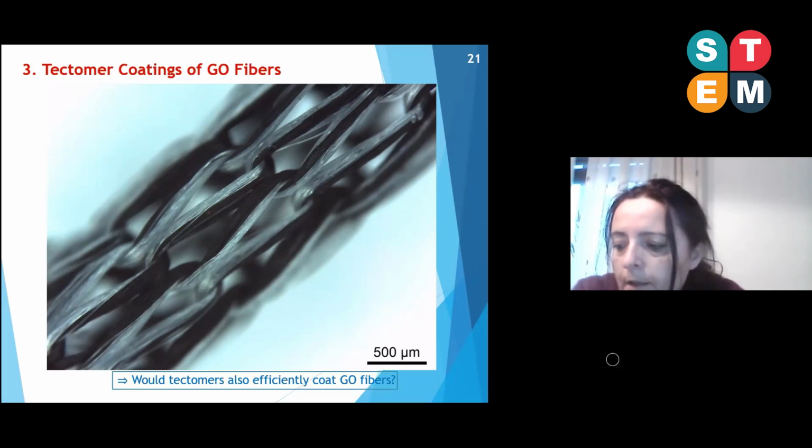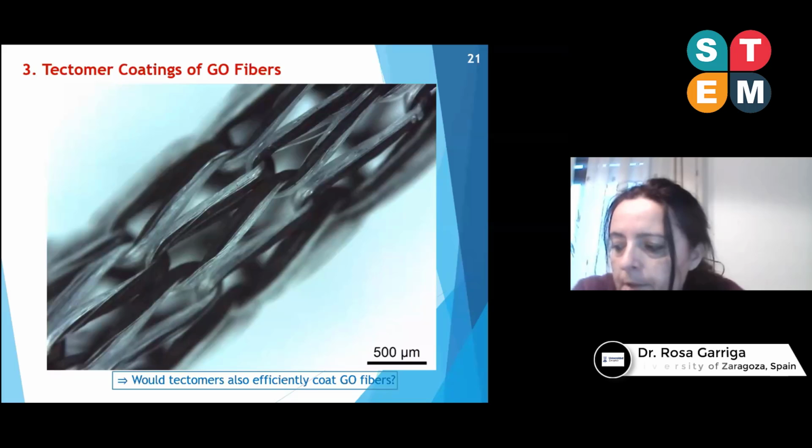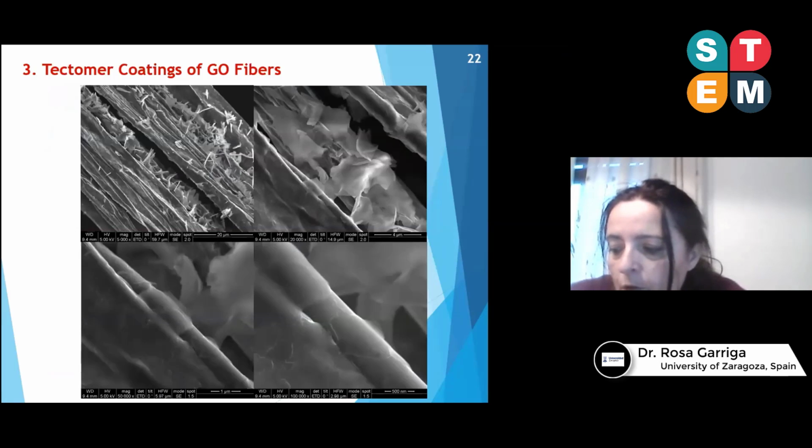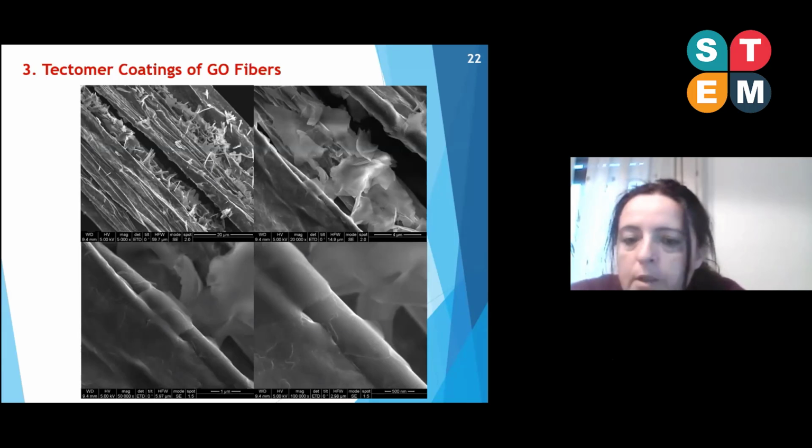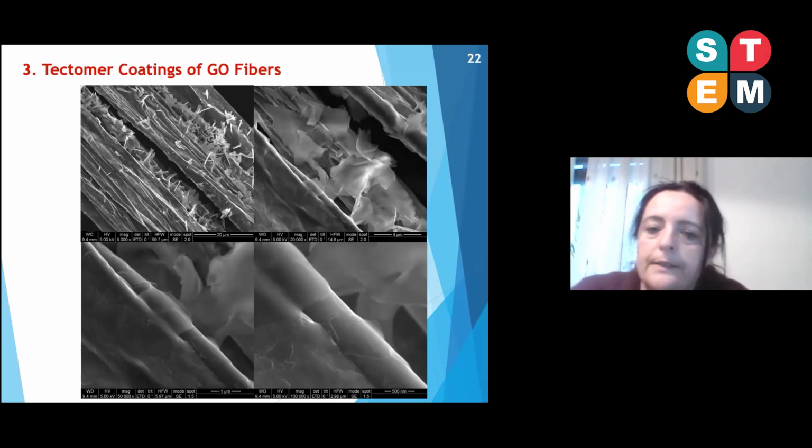Will Tectomers efficiently coat GO fibers? The answer is yes. By immersion in Tectomer solution, we obtained ultra-thin coatings of Tectomers on GO fibers that, after drying, exhibited remarkable water-resistant properties.